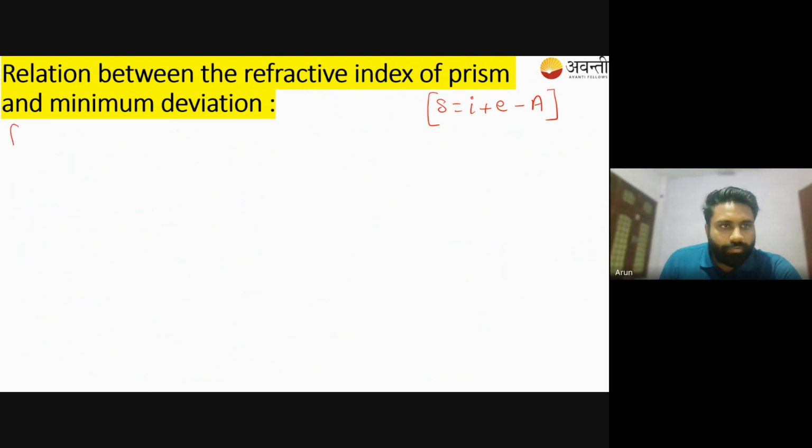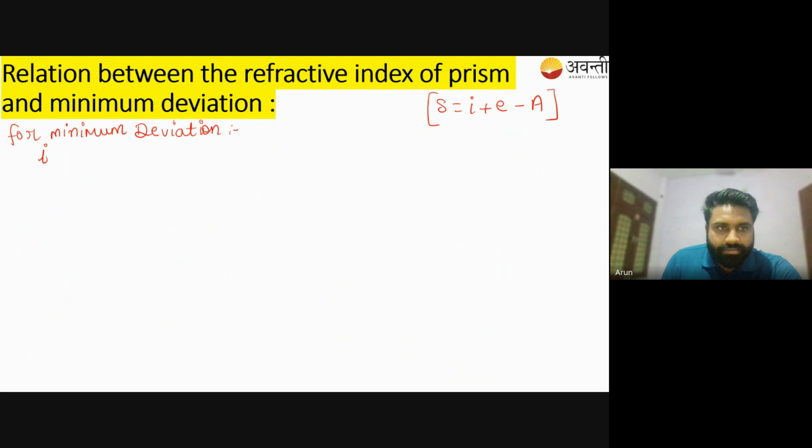For minimum deviation, there are some conditions. And what are those?